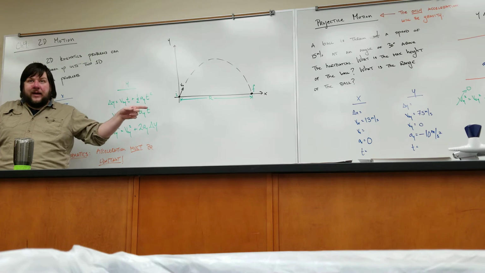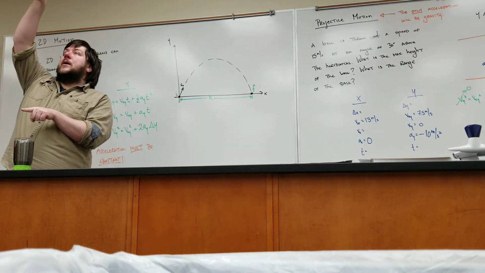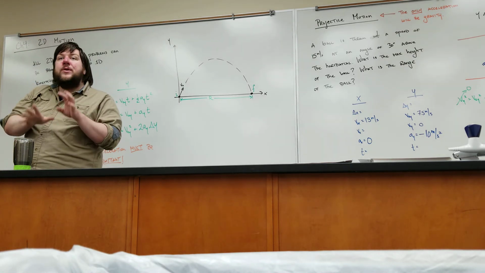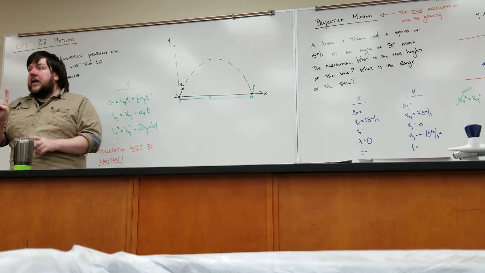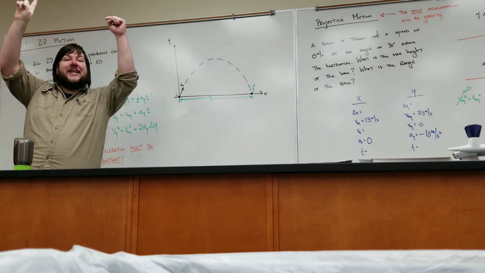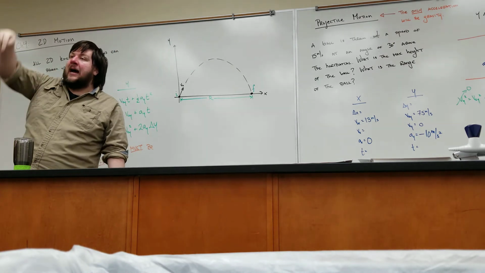Let's look at the y direction now. The object goes up, slows down, and then comes back down. There's no natural end to the y direction's motion either. The object is going to go up and slow down and stop, but gravity keeps working, it keeps pulling it down, so it will accelerate downward forever.